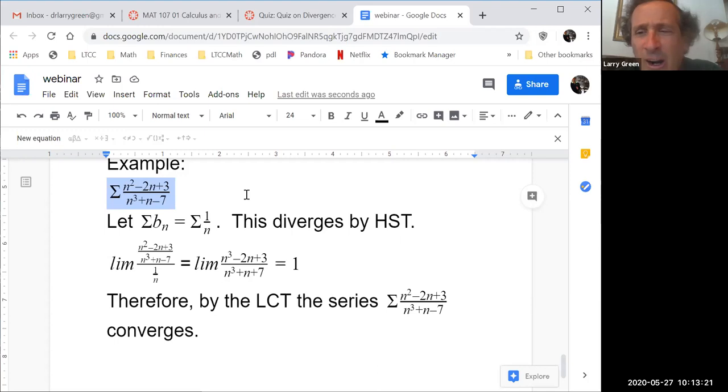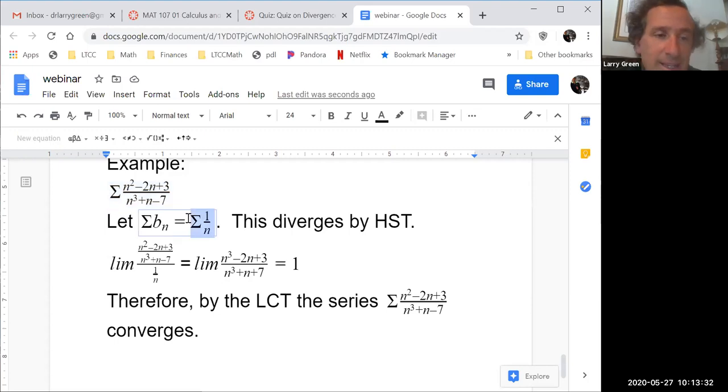But if you have to work hard on the inequality, don't do a comparison test. Do the limit comparison test. Then you have to state whether the one you're comparing with converges or diverges. In this case, it diverged by the harmonic series test.